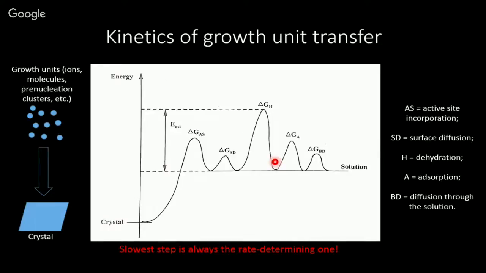Dehydration is a reminder that all these growth units, all these ions in the solution, are not moving through the solution by themselves. They are actually taking a sheet of water molecules everywhere with them. That's why when you measure the radius of these ions, you always have a hydrodynamic diameter, which is basically the diameter of the ion plus that solvation shell.